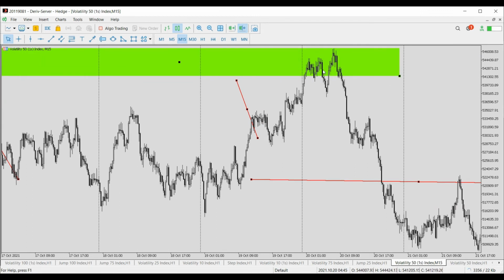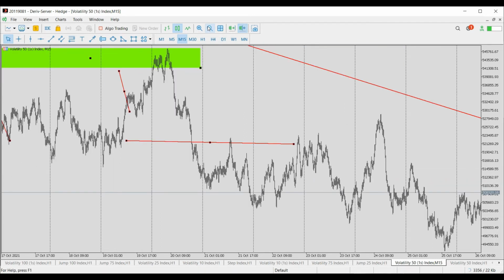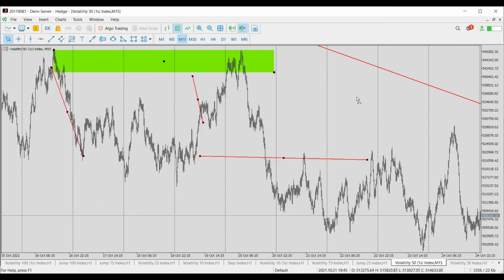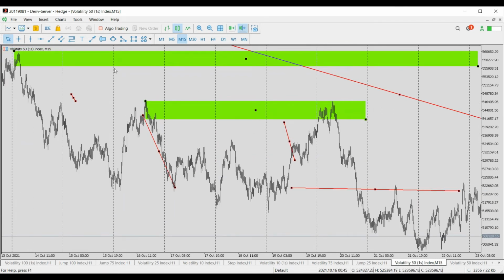But if you identify your source here, and you know, okay, fine, I'm going to sell, and you sell somewhere here, I would advise that you put your stop loss here. Personally, this is where I would advise you put your stop loss.